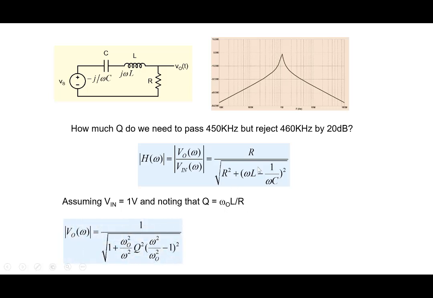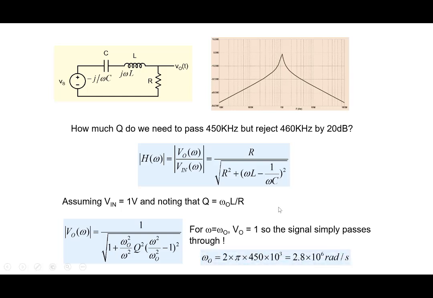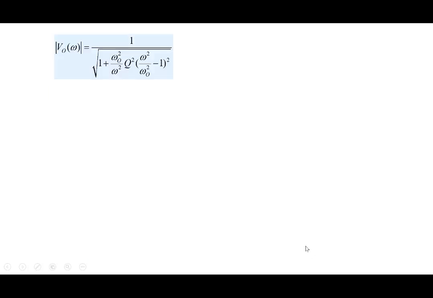And in terms of Q, we can write this circuit in this particular form here. V naught is 1 by square root, basically using the definition of Q, and also the definition of omega naught as 1 by square root LC. And so for omega equal to omega naught, if we plug in here, we'll see that V naught is 1, so the signal simply passes through. So that's fine.